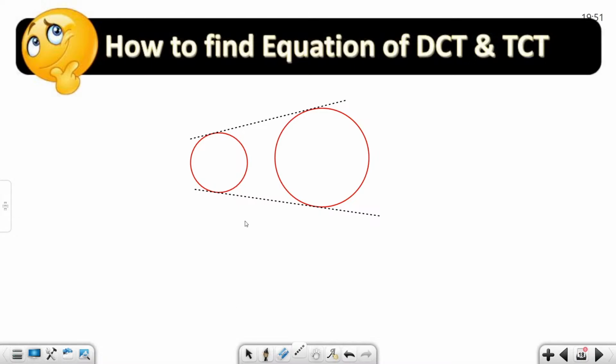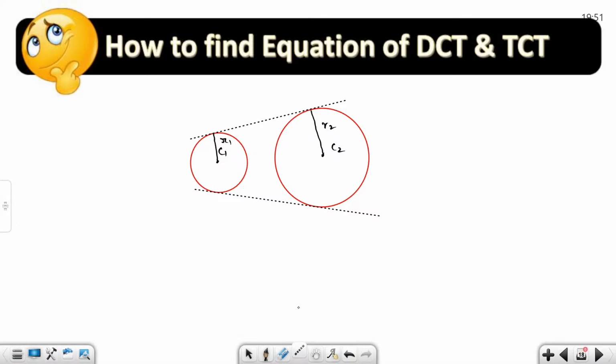Now let us say the centers of these two circles are respectively C1 and C2, and the radius of this circle be R2 and this radius be R1. These two are given to us. The moment they give the equation of the circle, it means you know its center, you know its radius.